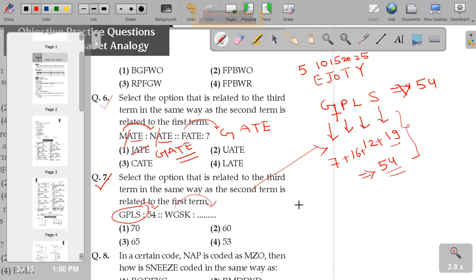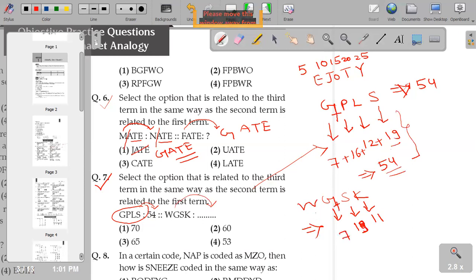So what we have to do? We are getting the logic. We have to add all the place values of alphabets. So K is nothing but 11. S is nothing but, sorry, S is nothing but 19, because it is just one before T. G is nothing but 7.